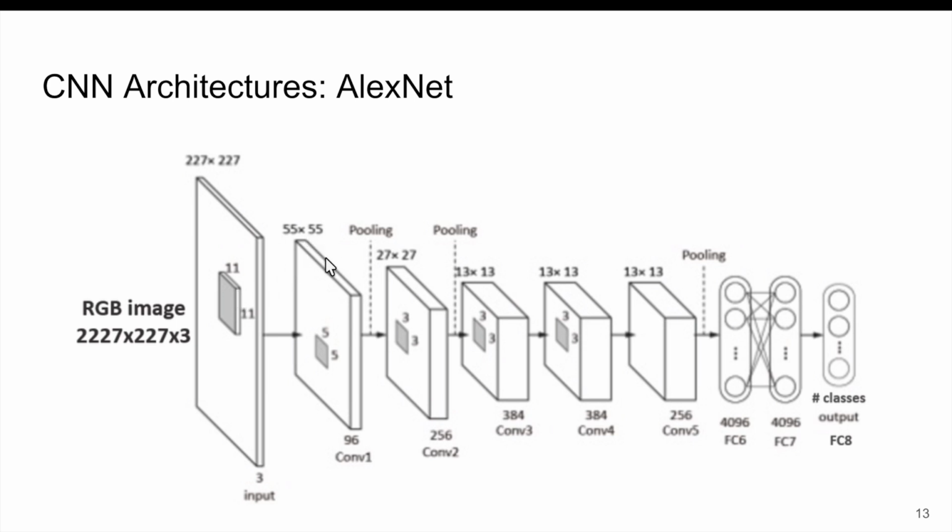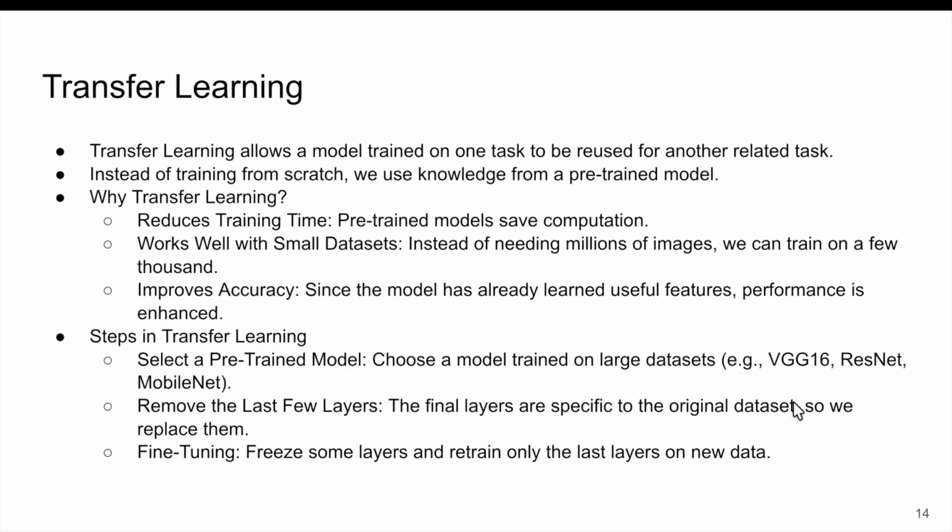It has a convolution pooling layer, followed by another convolution pooling layer, followed by three convolution layers and a pooling layer, and then finally 4096 neurons and 4096 fully connected neurons, and then the number of classes which we have in our output.